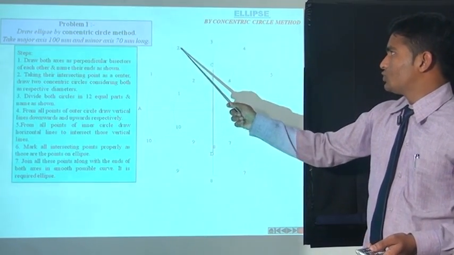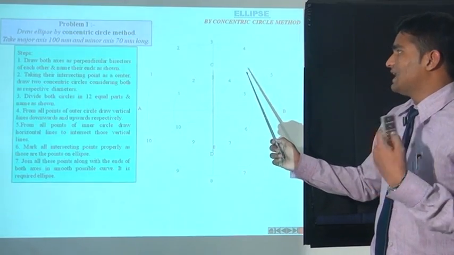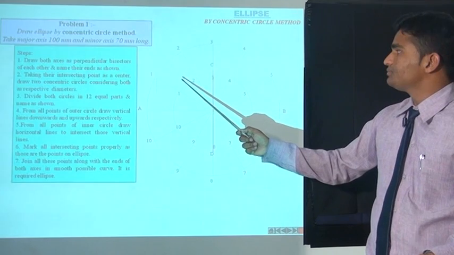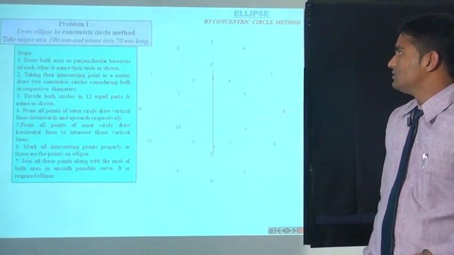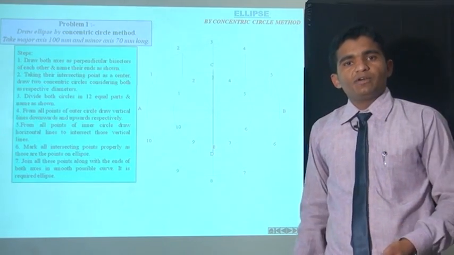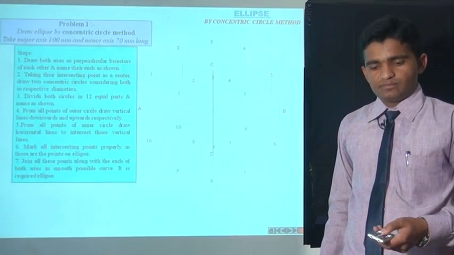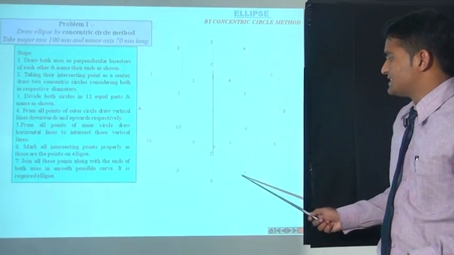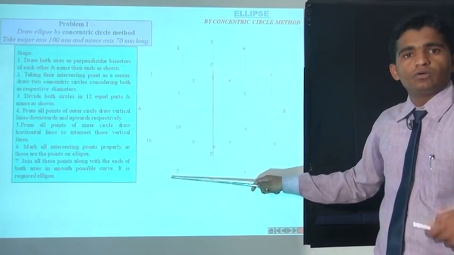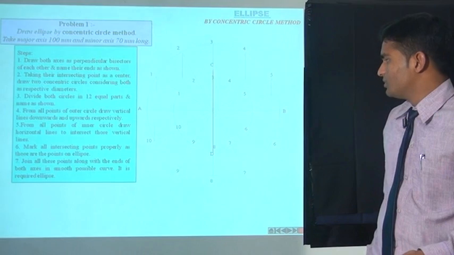So 1, 2, 3, 4, 5 are above the line AB, so draw the vertically downward line from those. And the points which are below the line AB, draw the vertically upward line. The points 6, 7, 8, 9, 10 are below the line AB, so draw the vertically upward line from those points.